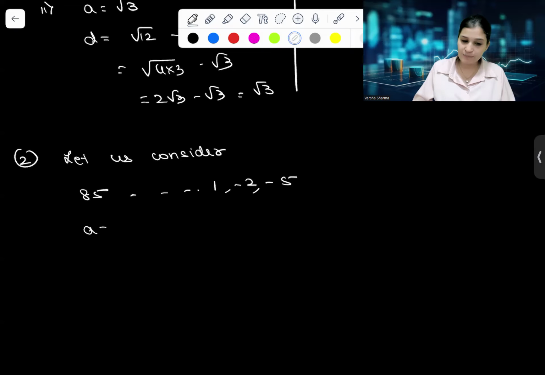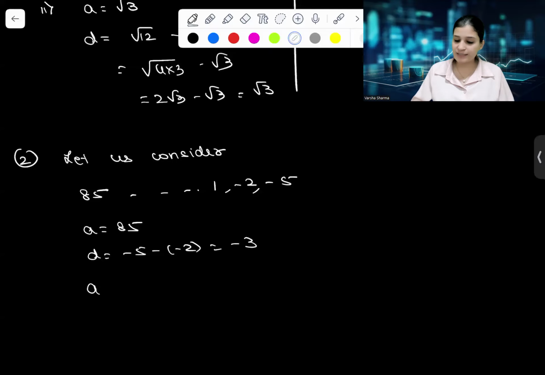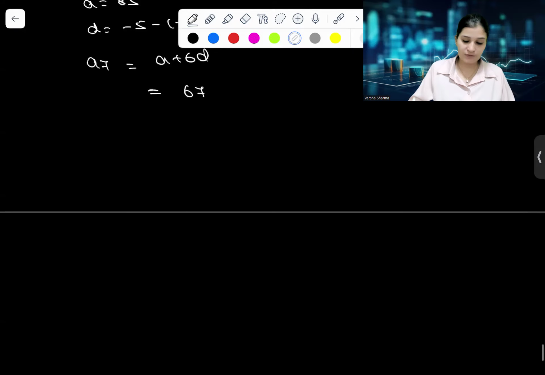So here, first term A is 85. Common difference is minus 5 minus of minus 2, that is minus 3. What we wanted was the 7th term, A plus 6D. Answer 67. Agree? Online agree? Yes, ma'am.